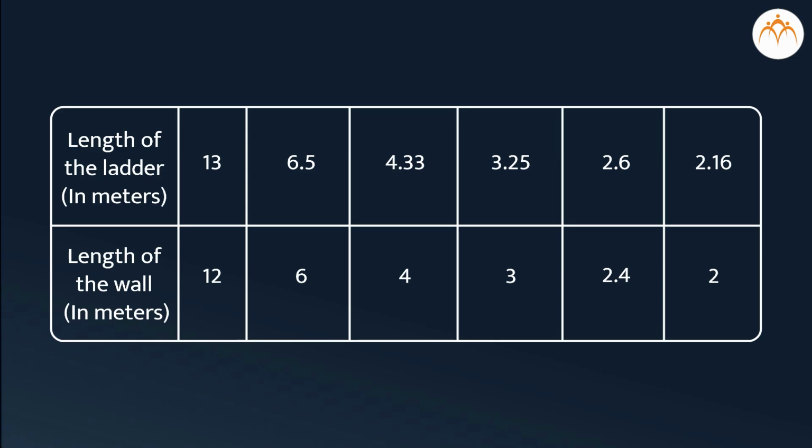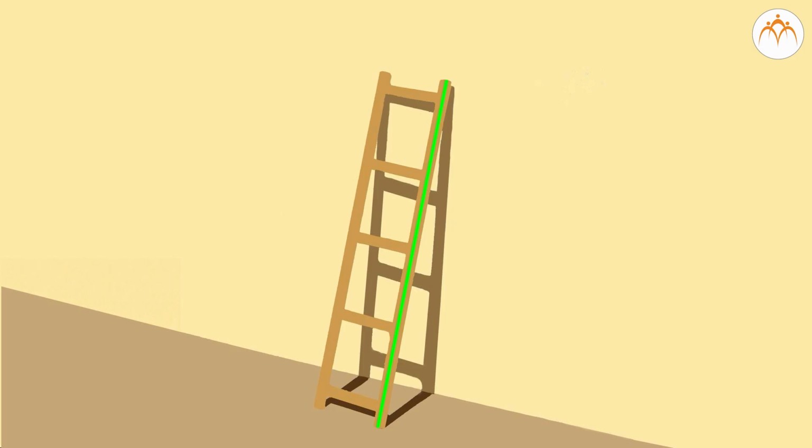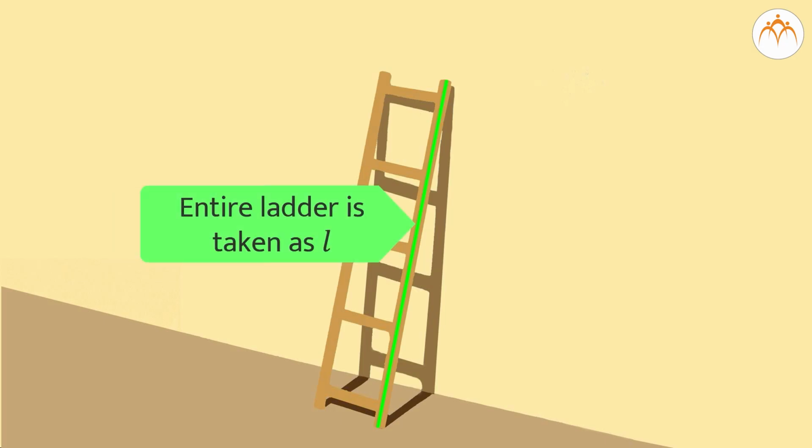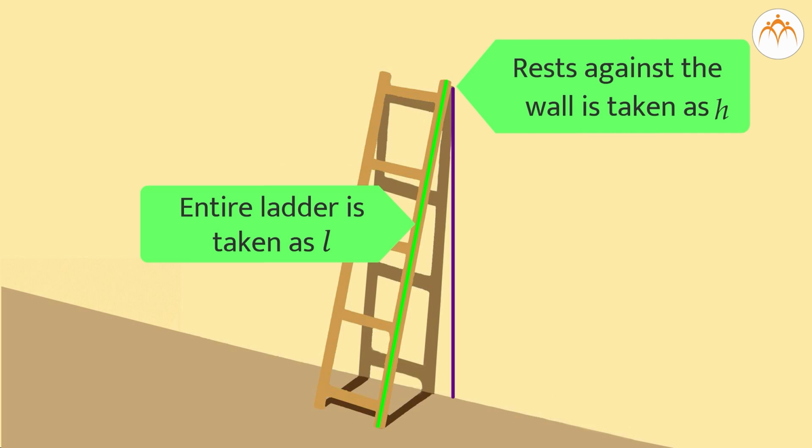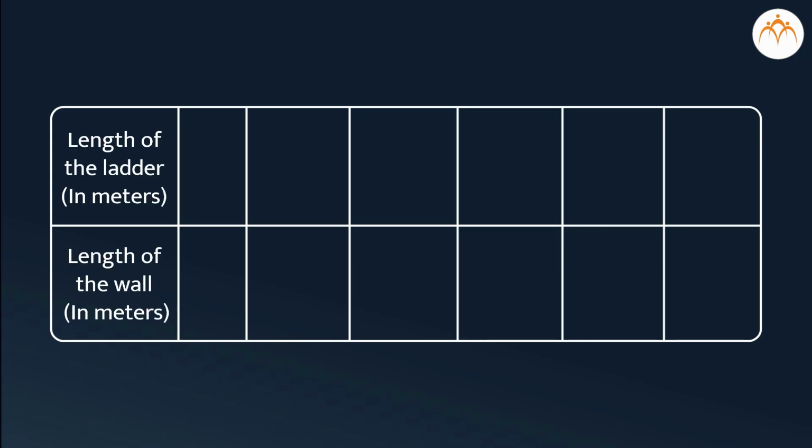Now from this table, they inferred that if the length of the entire ladder is taken as L and the height of the point where it rests against the wall is taken as H, then length of the ladder L and height of the wall H. Length of the ladder L upon 2, height of the wall H upon 2.